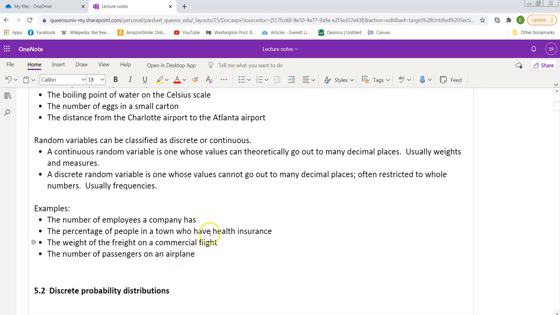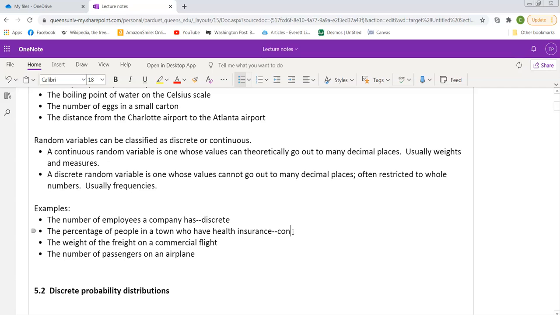So some examples, and then we'll talk about, for each one of these, if it's discrete or continuous. The number of employees a company has. Well, that's a frequency, that's a count. That's the result of counting. So this is going to be discrete. The percentage of people in a town who have health insurance. That can go out, theoretically, to infinitely many decimal places.